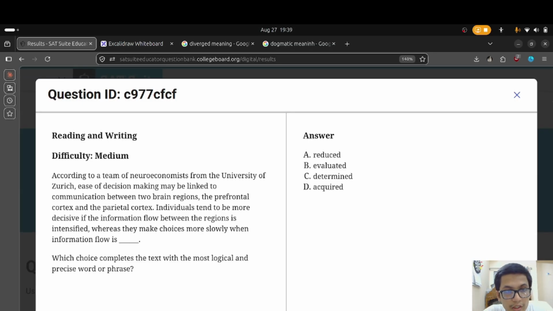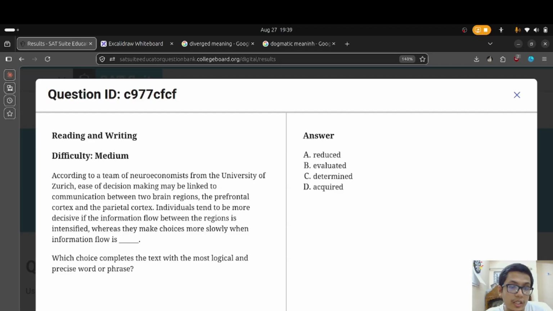Okay, according to a team of neuroscientists from the University of Zurich, ease of decision making may be linked to, okay, so let's focus on this part. Ease of decision making may be linked to communications between two brain regions, the prefrontal cortex and the parietal cortex.